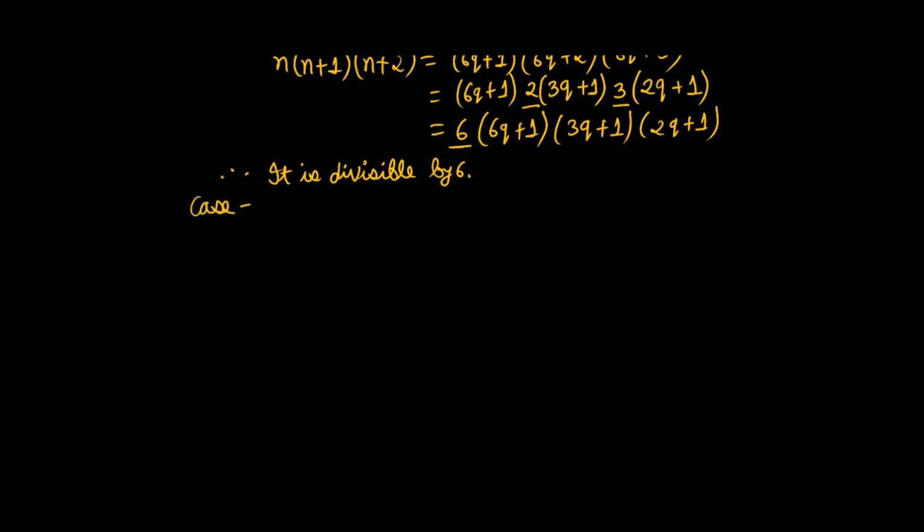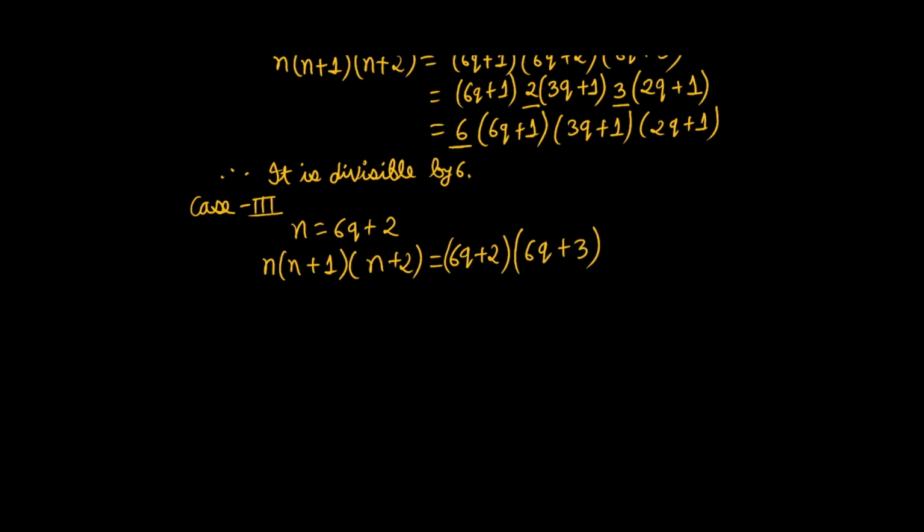Case 3. n is equal to 6q plus 2. So we can write n into n plus 1 into n plus 2. So n is 6q plus 2, n plus 1, 6q plus 3, n plus 2, 6q plus 4.